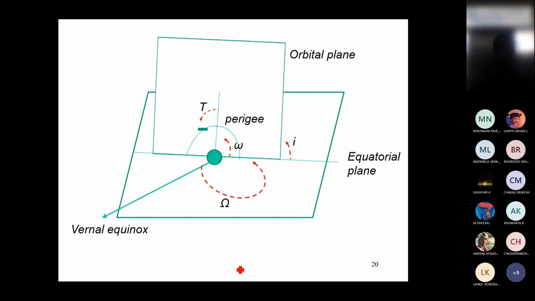This particular plane I am talking about. But this particular plane represents the orbital plane. Orbital plane means the satellite is not moving on the equatorial line. It is moving in a different orbit, which is having some inclination, which I will draw here. Okay, let me show.